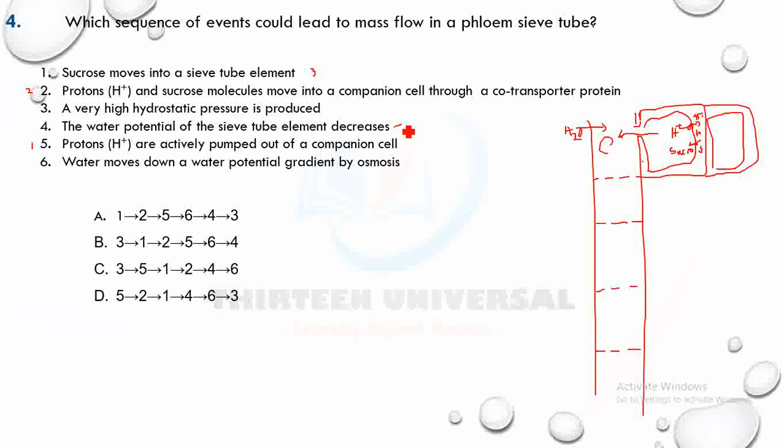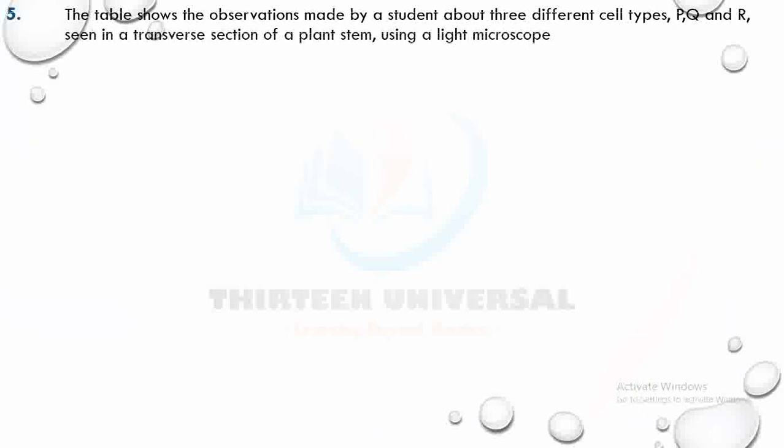This is the fourth thing that happens. And then water is going to move in, and the next event is that hydrostatic pressure increases. So if you check, the first one there is number 5, followed by number 2. You see, this is the sequence. Please don't forget it. The answer is D.